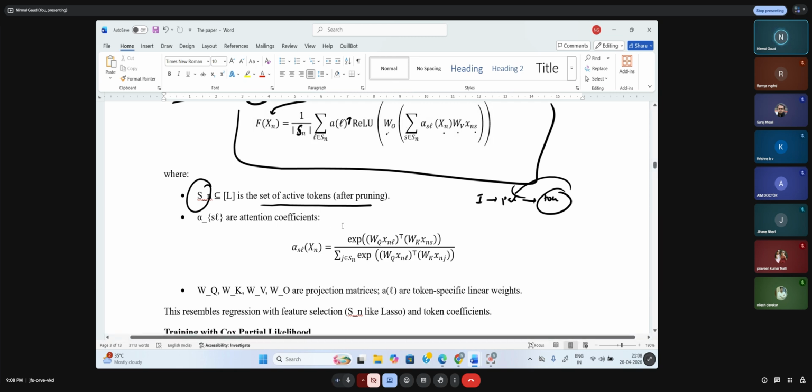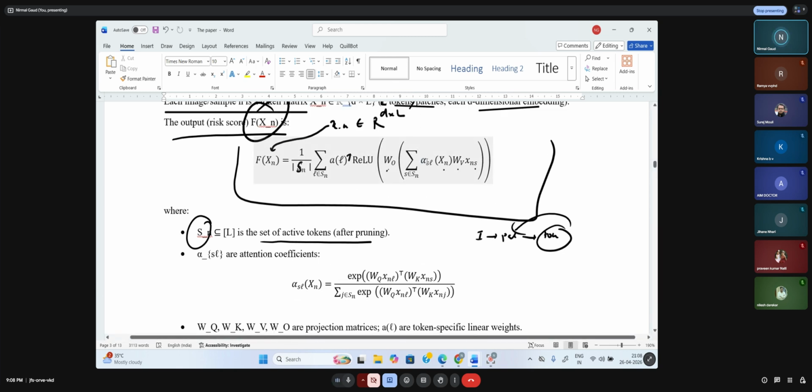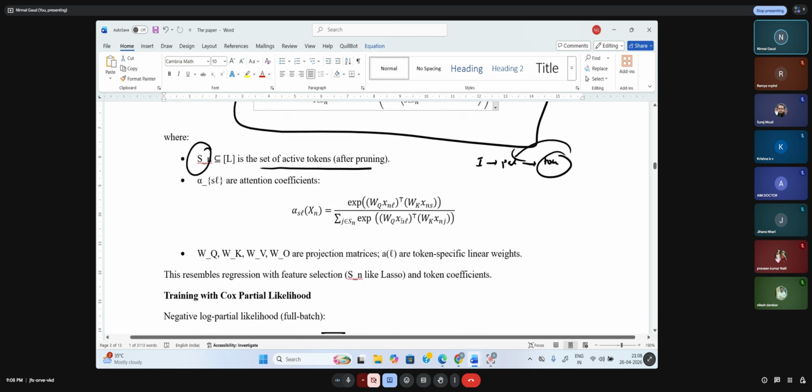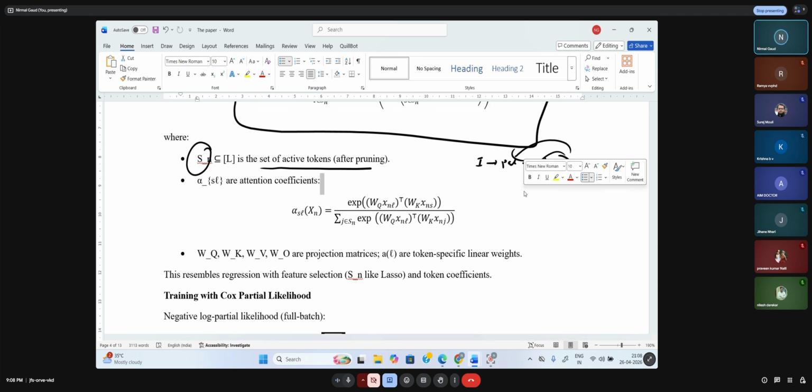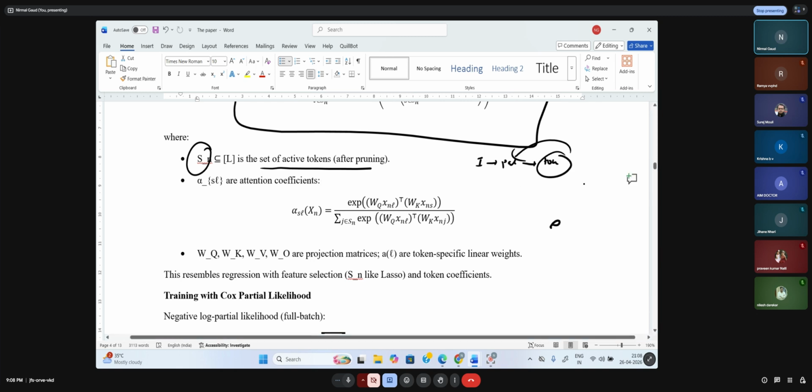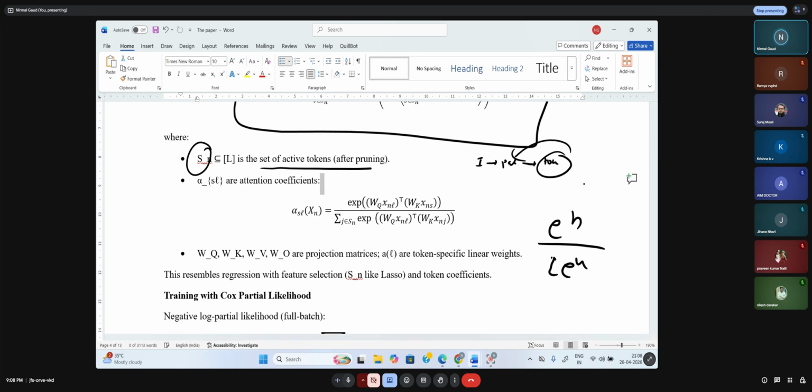ASL are attention coefficients. These are attention values, given by this formula: WQ xnl transpose WK xns summation, because what we study is e to the power x upon summation of e to the power x.